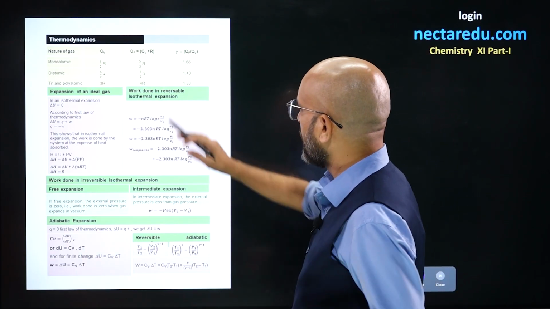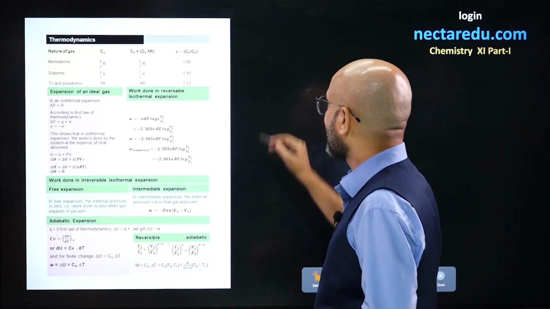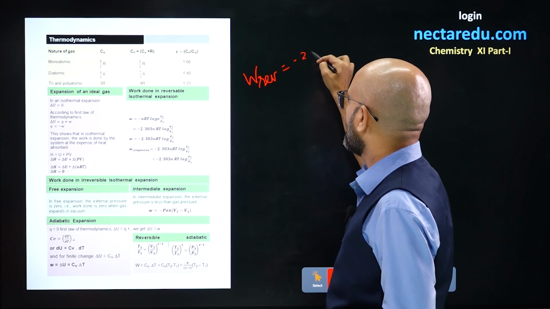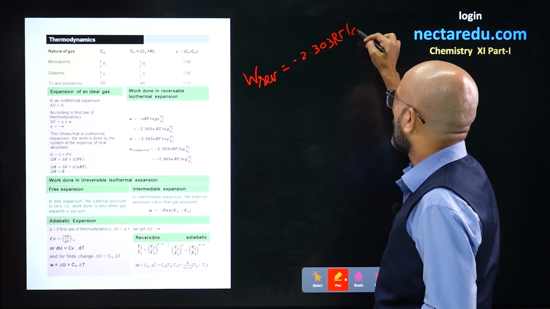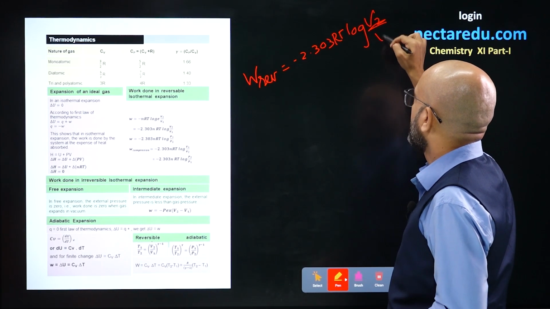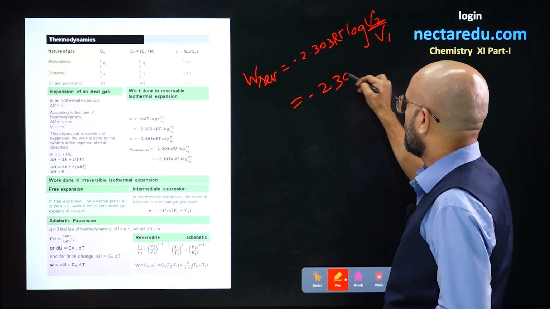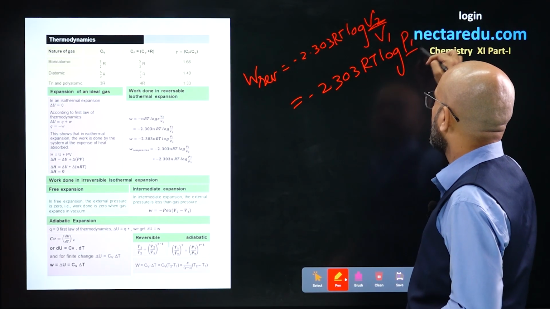Similarly, work done in isothermal expansion in a reversible process comes out to be minus 2.303 nRT log of V2 by V1. If it is in terms of pressure, you have the formula 2.303 nRT log of P1 by P2.